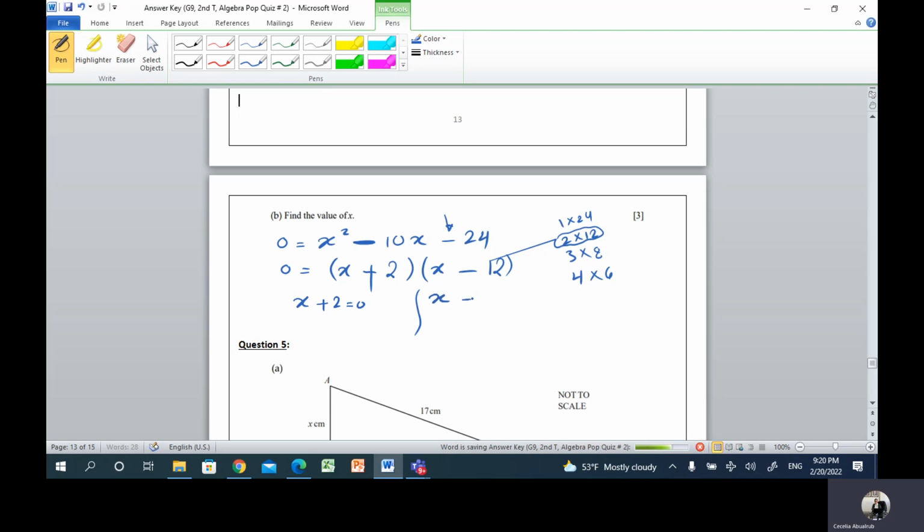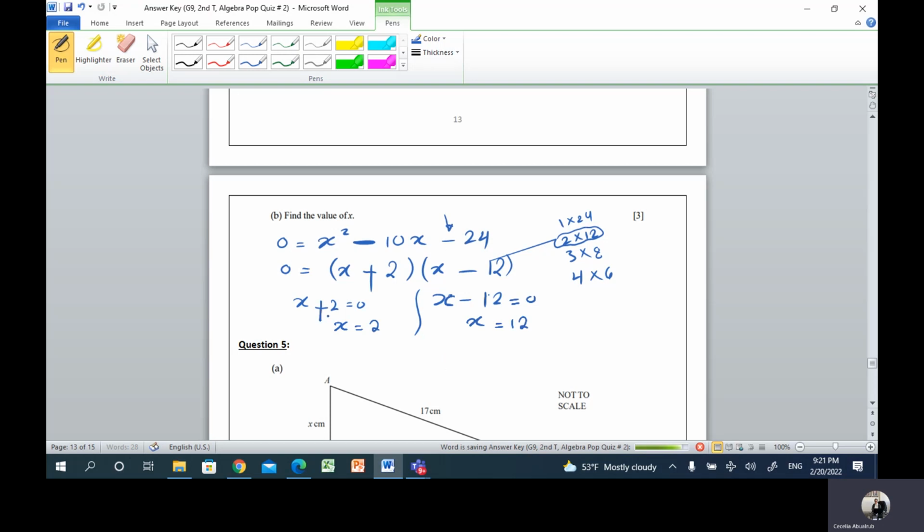The second bracket, x minus 12, equal to 0. And here you say plus 2. So x will come down to 2 and x will come down to 12.